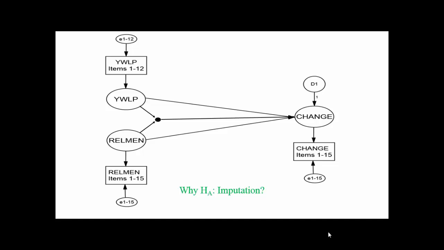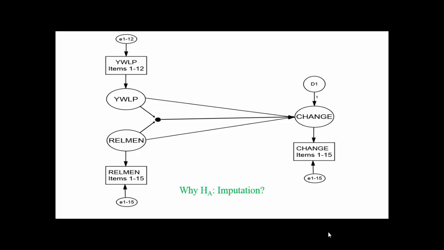So these are responses also given by the teenagers as to their perceptions of how well their big sister in the program mentored them through it. Change is a 15-item latent variable that just quantifies how teenage participants' attitudes, beliefs, and behaviors changed as a result of being in this community mentorship program.